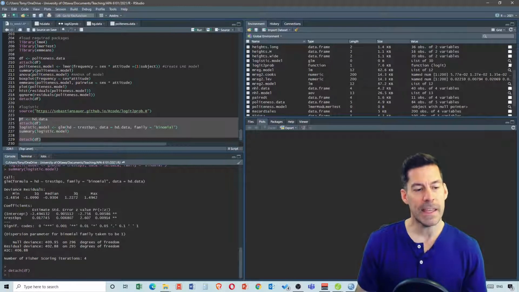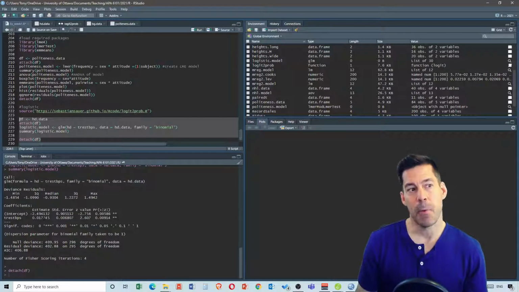But what we see here is we've got our coefficients. Our coefficients give us our estimate of our intercept, which is negative 2.494, and our impact of blood pressure, which is 0.017.